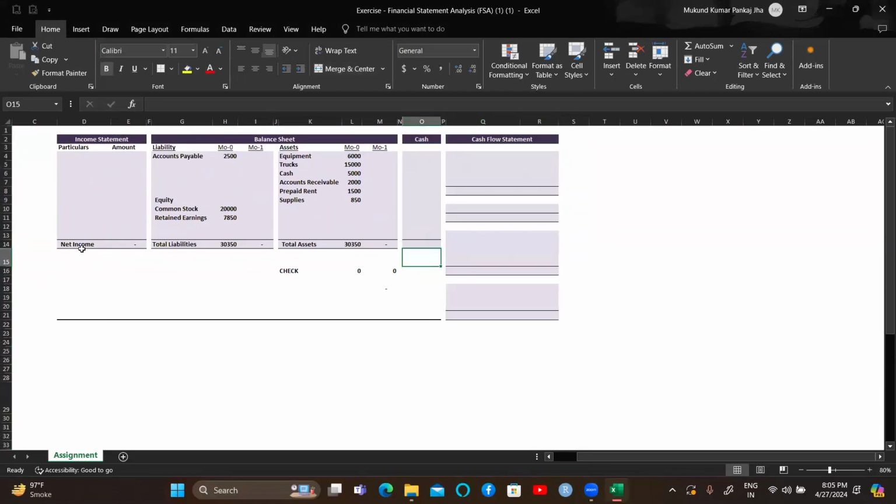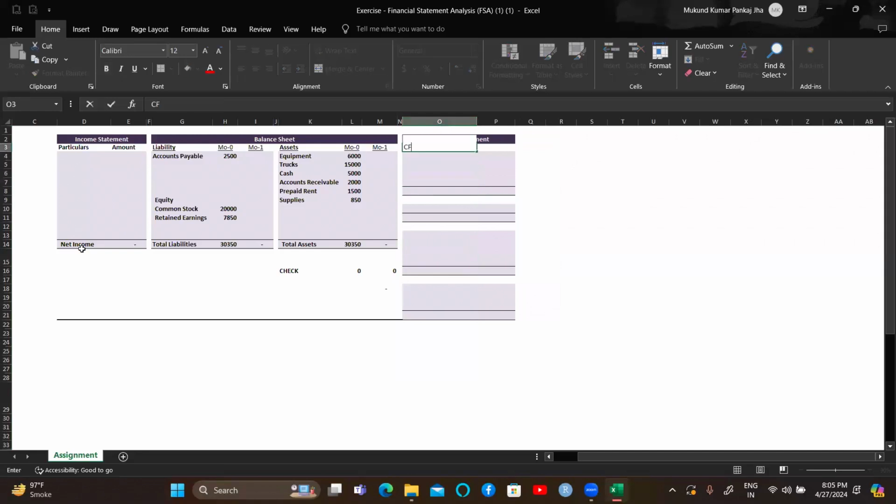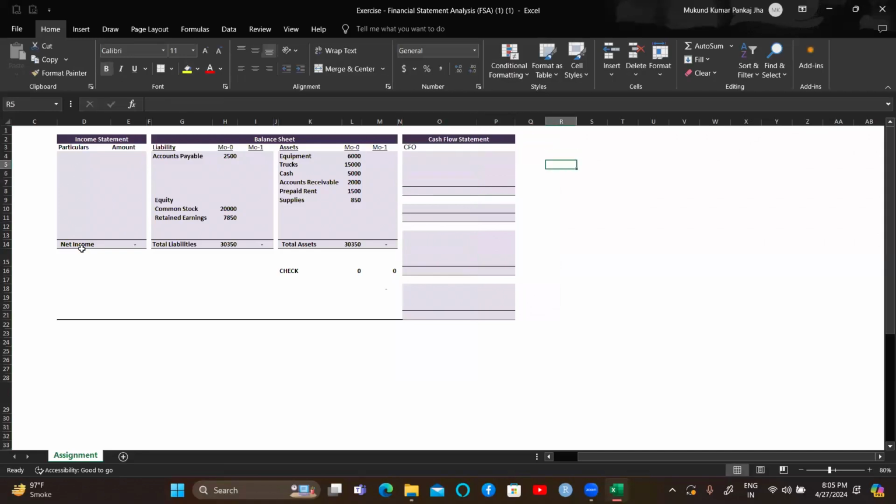Okay. This was something that we did. I'm going to delete this method because we are not going to keep all the cash flows under the same column. We will be differentiating all the cash flows under cash flow from operations, CFO, CFI, CFF.